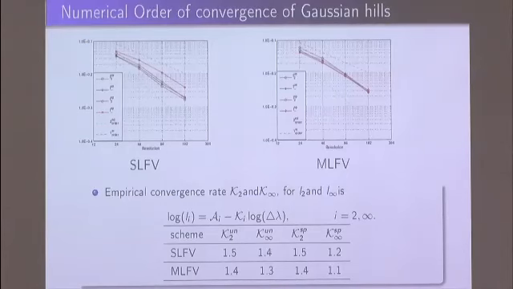This is the first test case. We are using Gaussian hills to compute the maximal order of convergence. The superscript un means without any limiter, and sp means with the slope-preserving limiter.